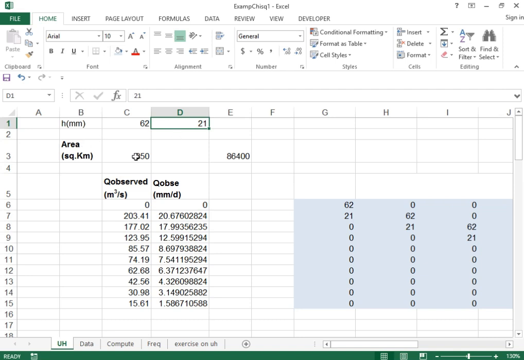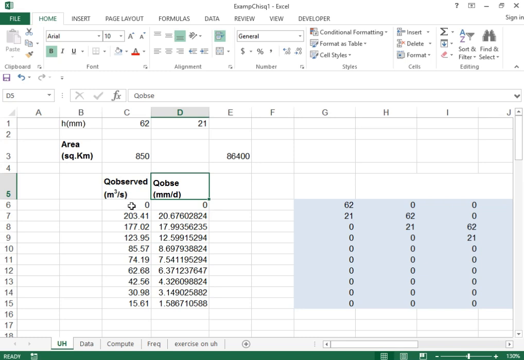And here is the area of the watershed, in square kilometers. But when you are working with the unit hydrograph, you have to convert it into millimeters. The discharge is in cubic meters per second, and you have to convert it into millimeters per day.